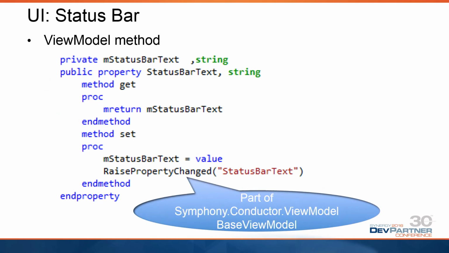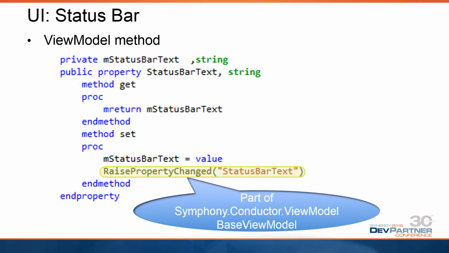In our view model then, we've got this very simple structure of code. M status bar text is a backing field. The m is lowercase because it's a private field. It's m because it's a member of a class. Status bar text is a string. And then we've got a public property, so it doesn't have an m, and it's not a member. So for status bar text, if we get it, we return m status bar text, and that's what the user interface will call.